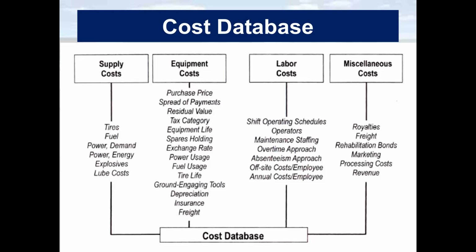Figure 11-2 on page 168 shows a typical input and the structure of a cost database. The cost database is a table of unit costs for each of these items. And so you get the cash flow by multiplying the operating items, such as fuel, by their unit costs.